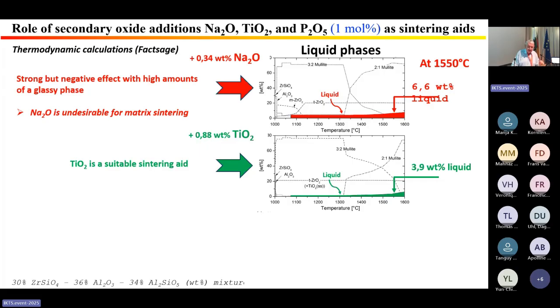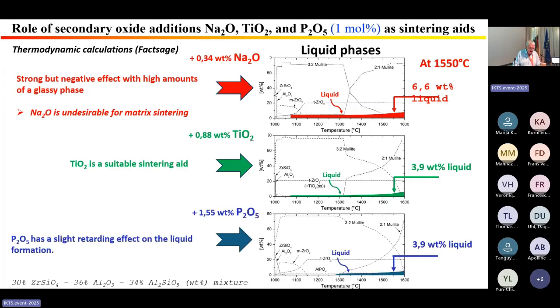Typically, at 1550 degrees C, we obtain 6.6% of liquid. Titanium oxide is a suitable sintering aid with a lower amount of liquid, and phosphate oxide has a slight retarding effect on the liquid formation.